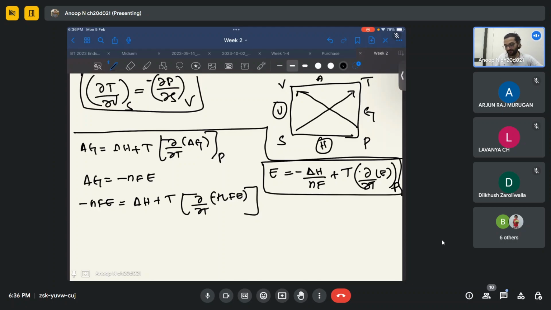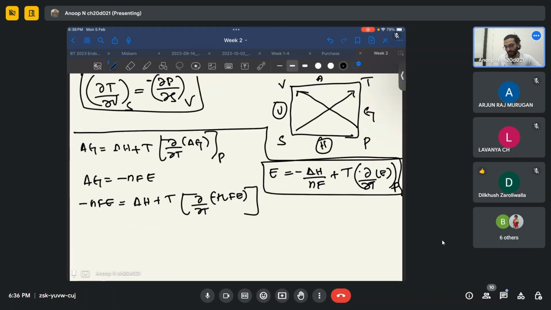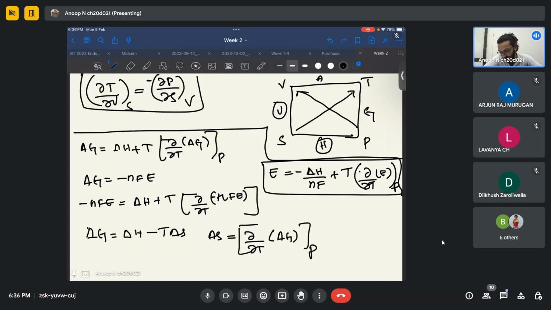Is it fine? One more relation we can write from here: we have written ΔG is equal to ΔH minus TΔS. So ΔS is equal to what? Minus (∂ΔG/∂T) at constant pressure. The minus sign will come because it is ΔH minus TΔS, but it's plus here.